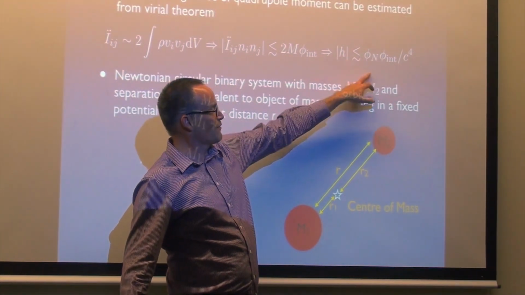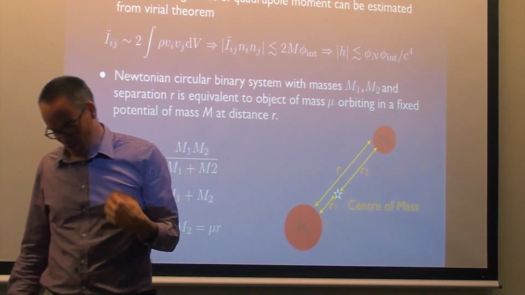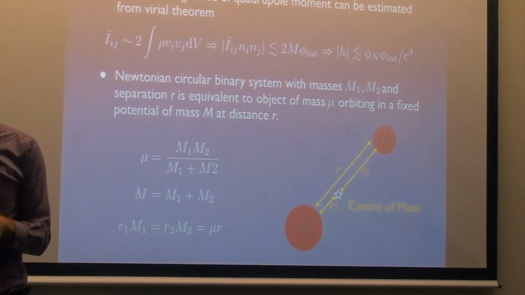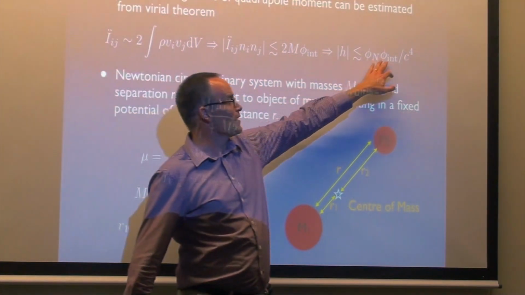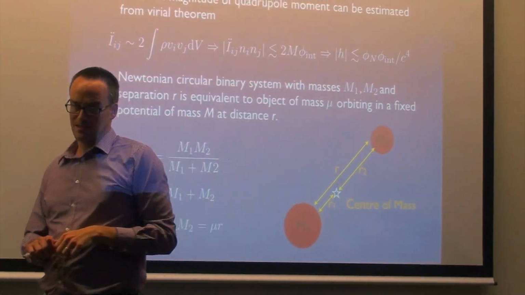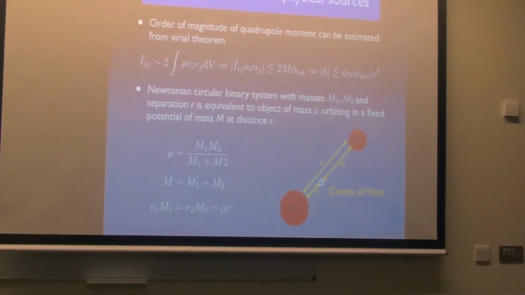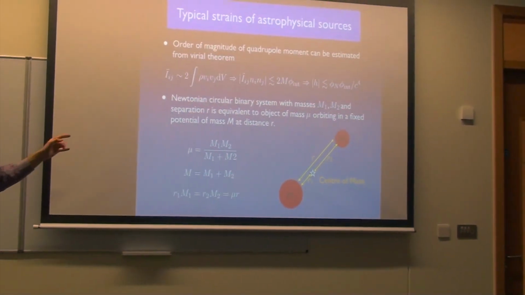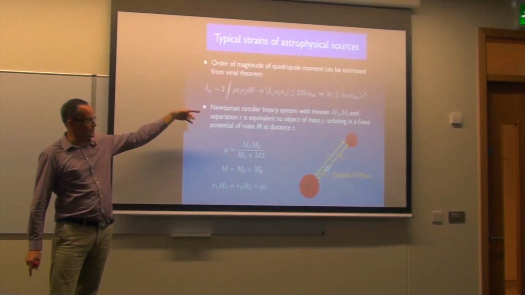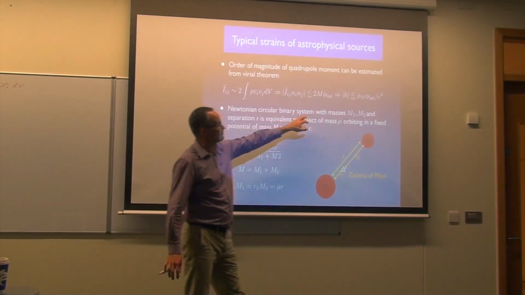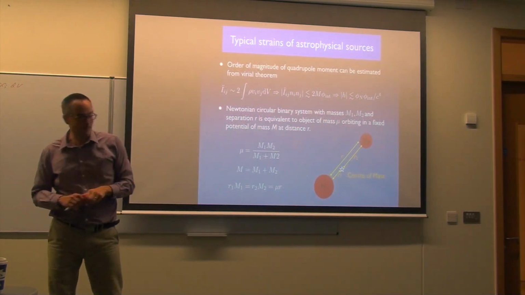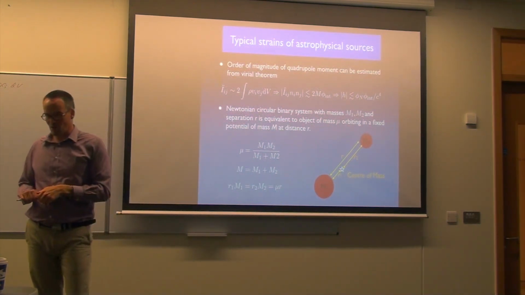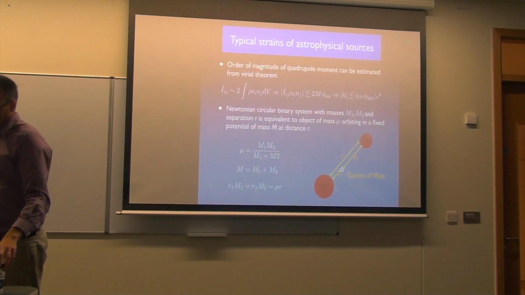Okay? And so you have this scaling argument that the strain scales roughly like the Newtonian potential at the point where you're estimating the strain times the internal potential of the system. Okay? Now, we'll do the inspiraling example slightly differently, but this is good to remember for other types of source where maybe you only know roughly what these potentials are like.